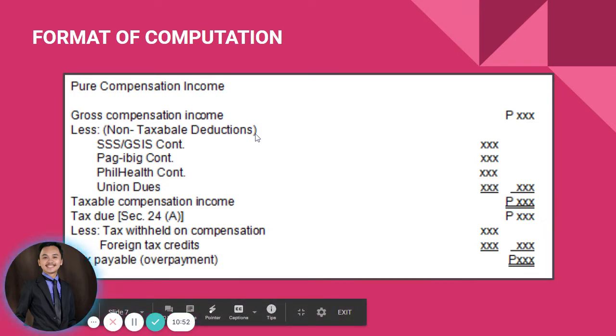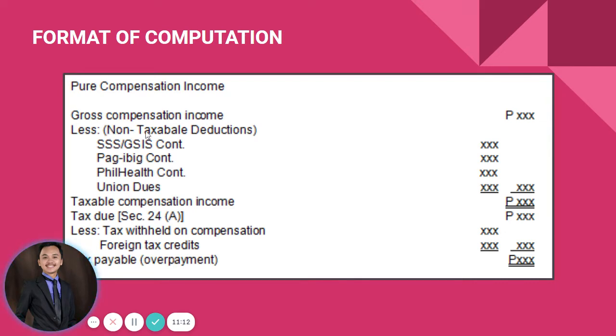Okay, so we have here formats of computation. So assuming that the earnings is pure compensation, so to compute for your taxable income and tax due, we have here your gross compensation less non-taxable deductions, guys.